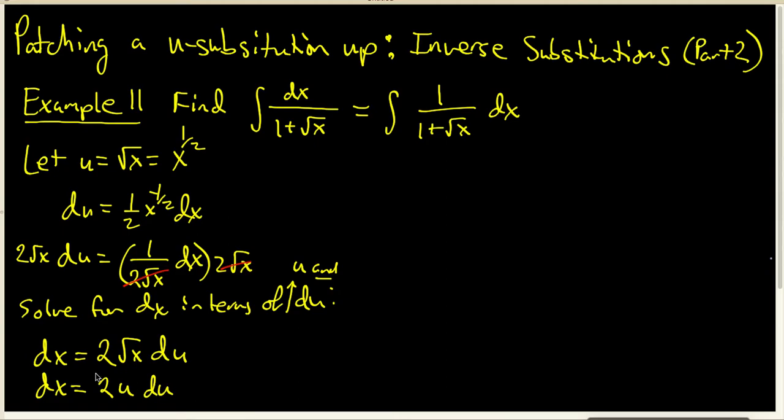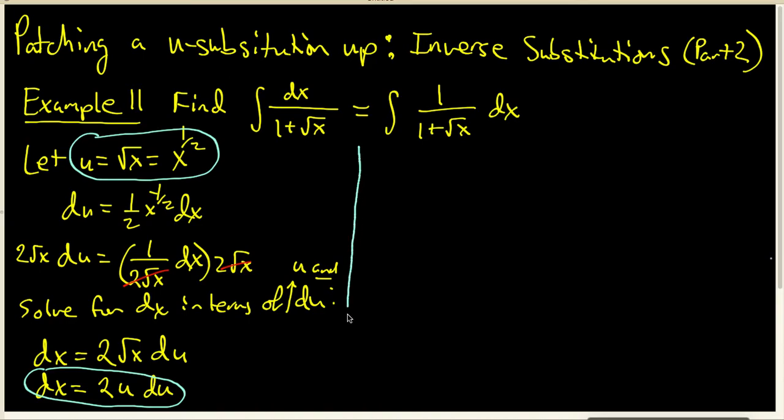And I want to circle this and this, because these are the two things that I'm going to substitute into my integral. When I do the substitution, I'm going to have the integral of 1 over 1 plus the square root of x, which is u, so I put a u in there.